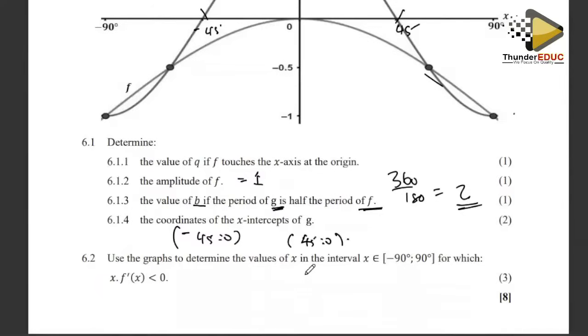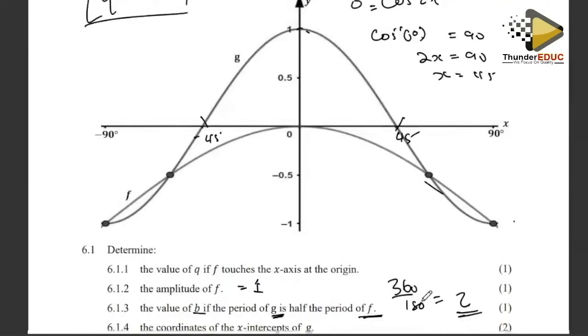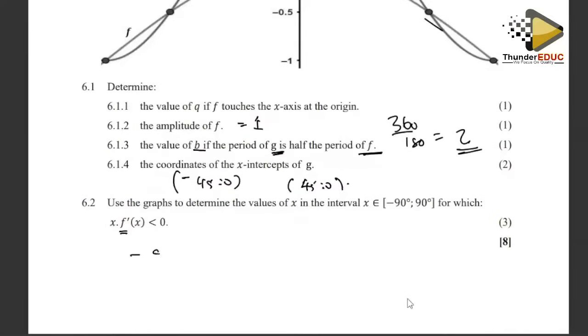Then use the graphs to determine the values of x in this interval for which x times the gradient of f is negative. When you look at the negative side, I think it satisfies all the values. Meaning that -90 is less than or equal to x less than 0, or we can have 0 less than x less than or equal to 90.